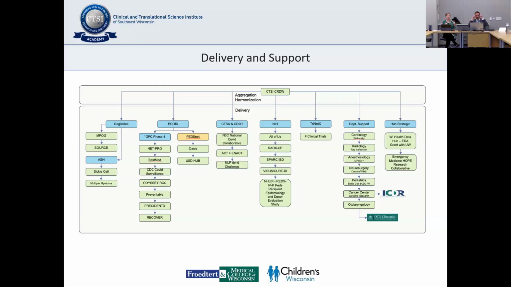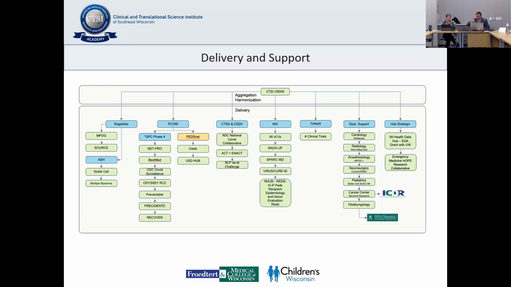But then we also support a number of different studies and initiatives across campus. Here's where delivery and support come into play. Far left, we support a number of registries like MPOG and ASH network. We do the sickle cell and the multiple myeloma registries. We are involved in a number of studies through PCORNet. There are two arms to PCORNet; you'll see one is yellow on the screen.